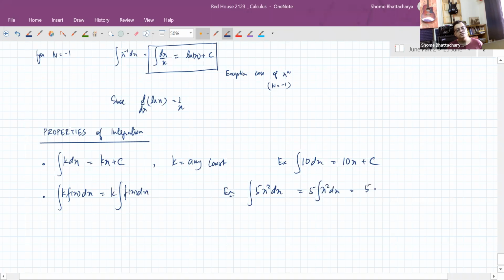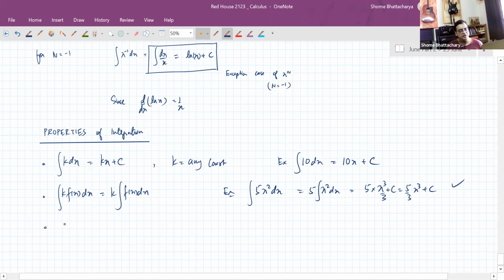So that will become 5 into x cubed by 3 plus c, of course. This will become the answer. So this is pretty logical stuff.